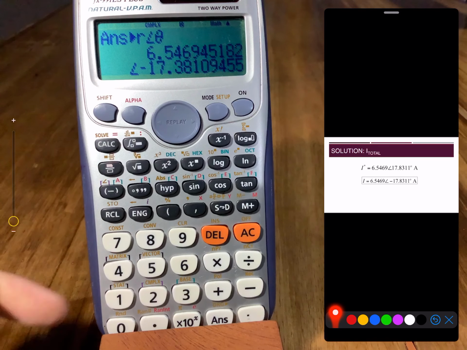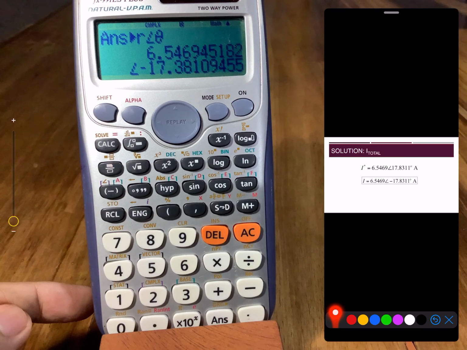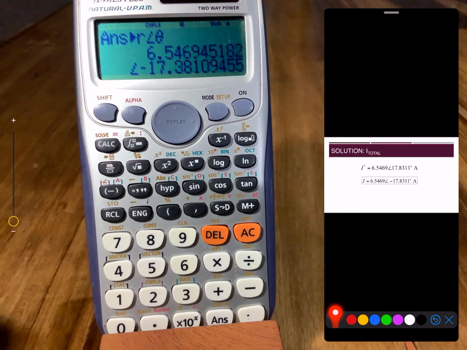So I hope this video showed some sort of technique, or added to your confidence in terms of implementing impedance, power, or in general complex numbers in the field of electrical engineering.